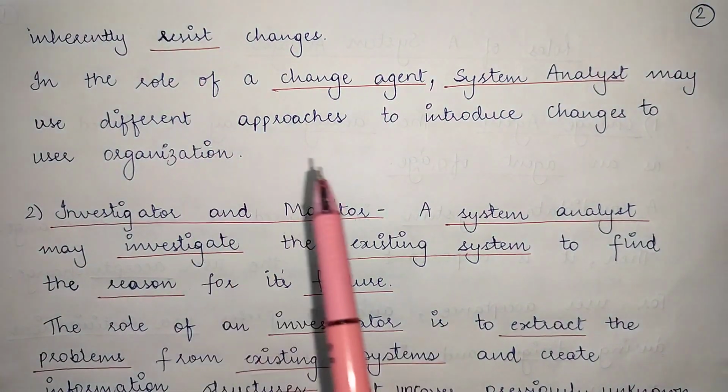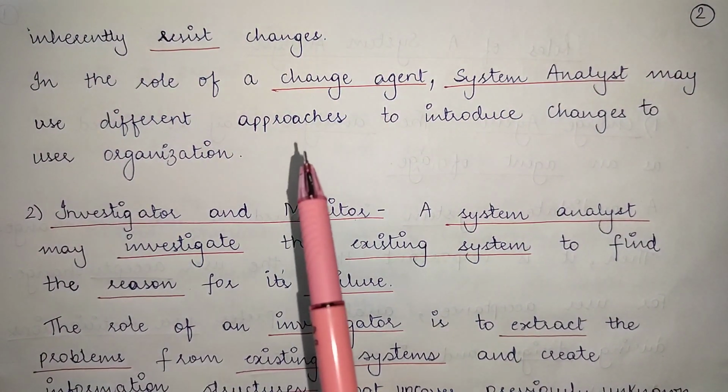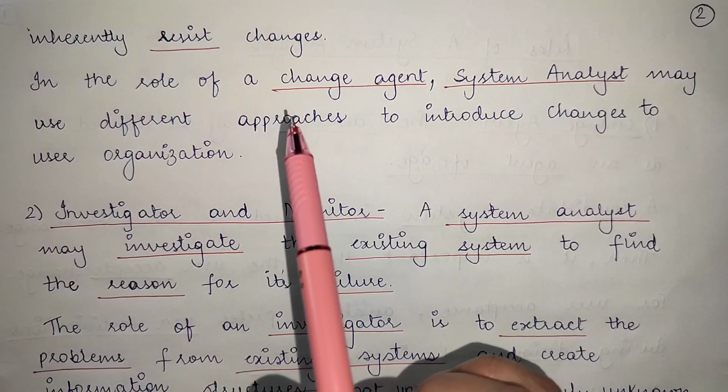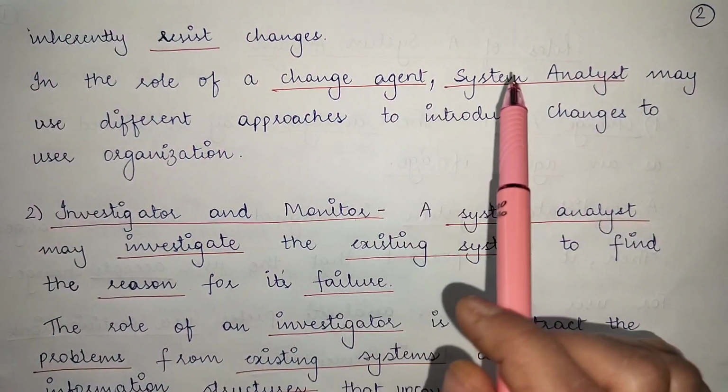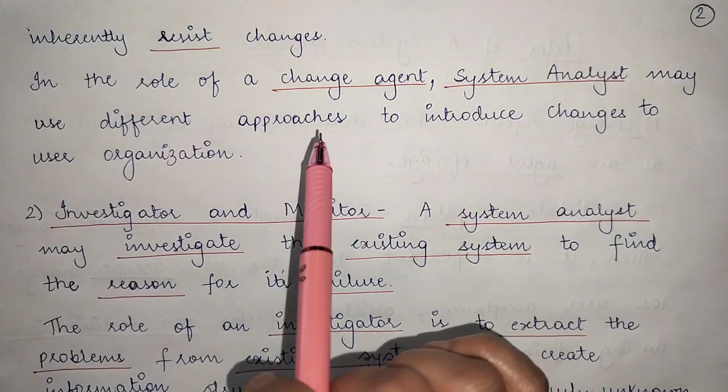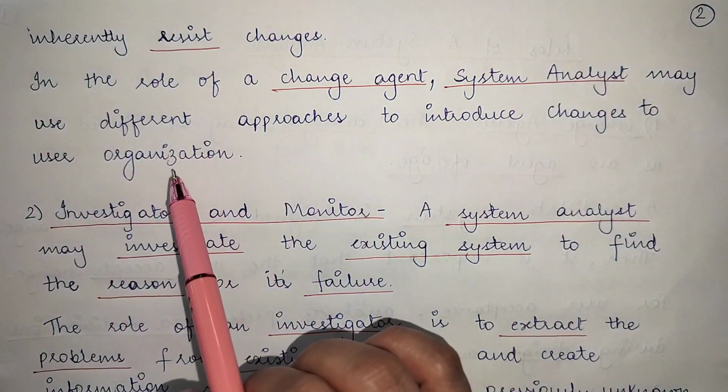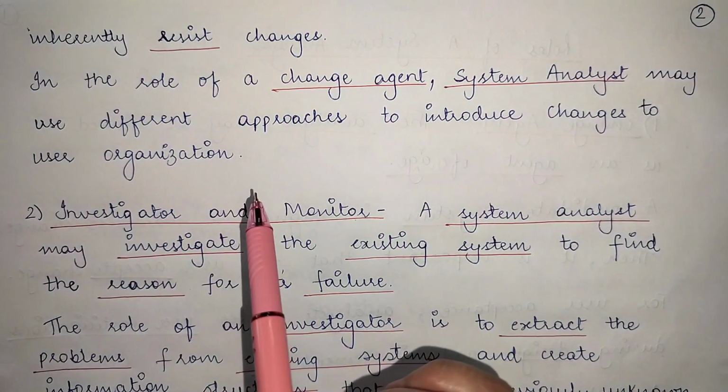Now, as I said, the first role of a system analyst is that of a change agent. In the role of a change agent, the system analyst may use different approaches to introduce changes to the user organization.